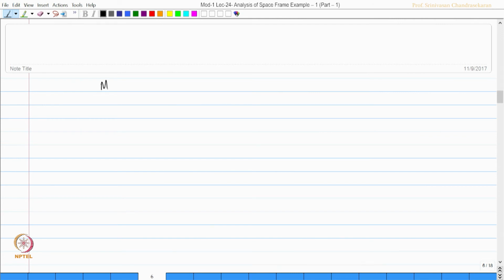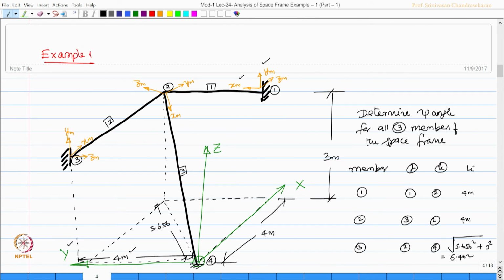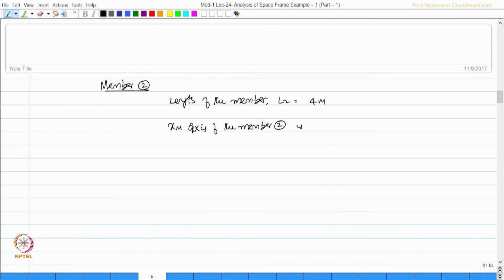Similarly, let us do this for member 2. Length of the member L2 is again 4 meters. Now, you see the longitudinal axis of the member, that is xm axis of the member, is oriented along x, is it not? Is oriented along x axis.